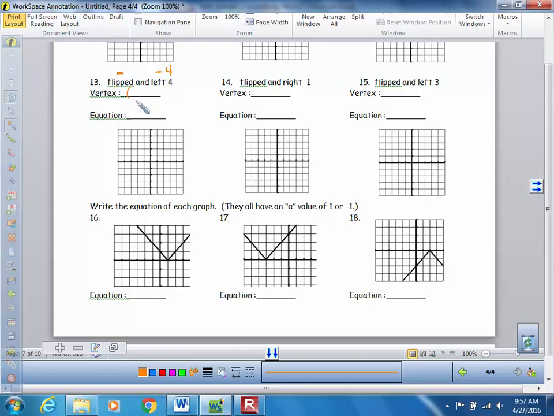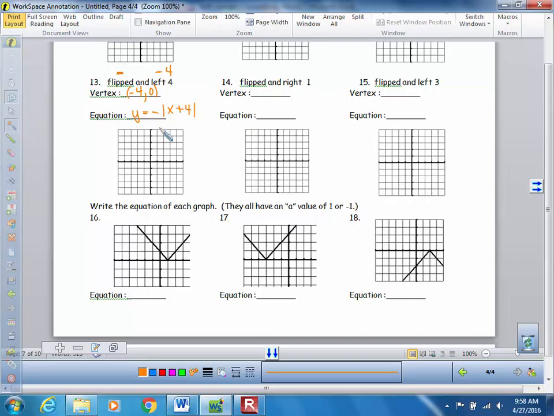So again, if we're going left, that's my x. So my vertex would be -4, 0. When I write my equation, I'm going to have y equals, since it is flipped, we put negative in front of our absolute value. So it'd be x, and since it's -4, it'd be x plus 4.